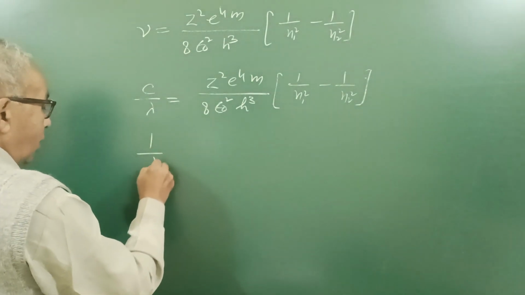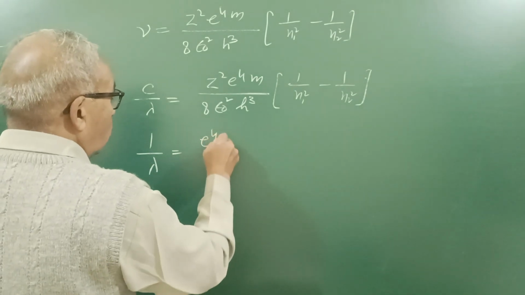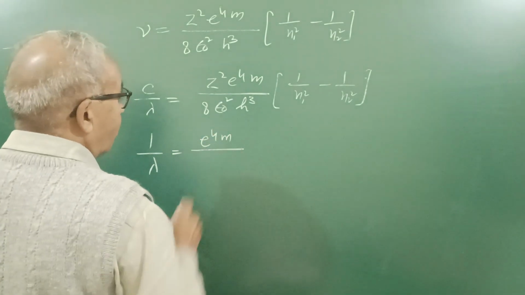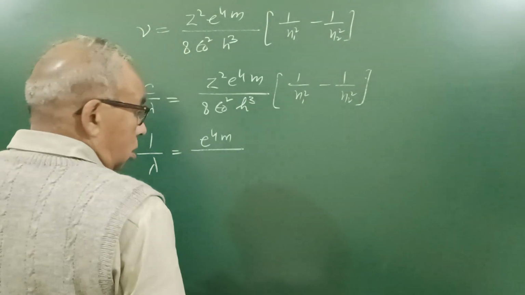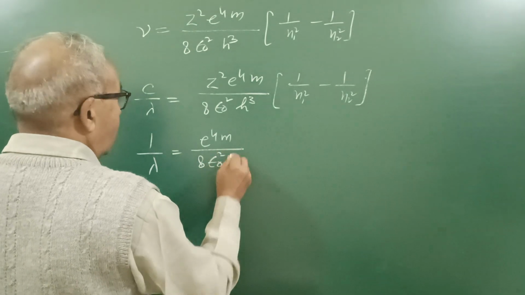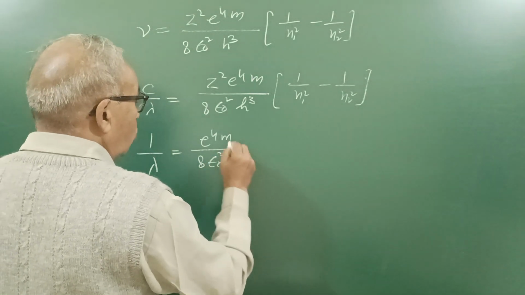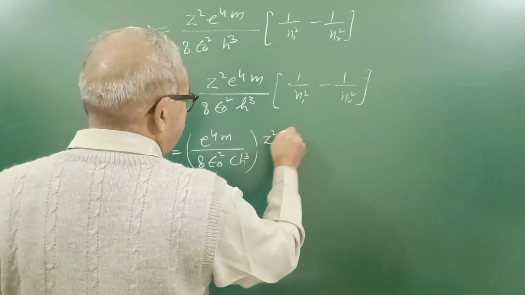One upon lambda is equal to e^4 m upon 8 epsilon 0 square c h cube into Z square.